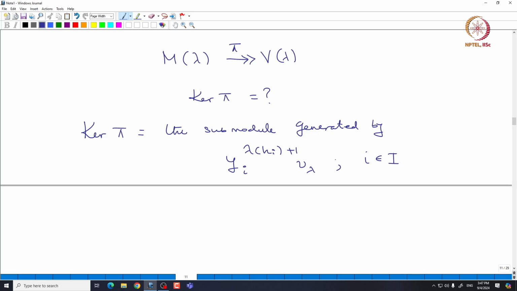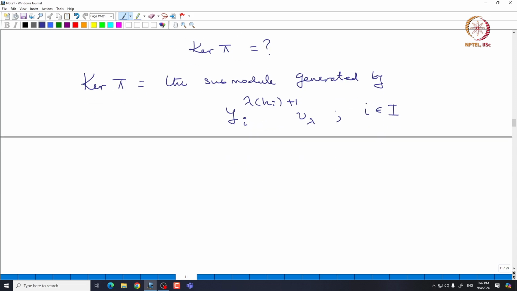Recall lambda of h_i is nothing but the i-th fundamental weight coefficient in lambda, and y_i is the generator of g_{minus alpha_i}.